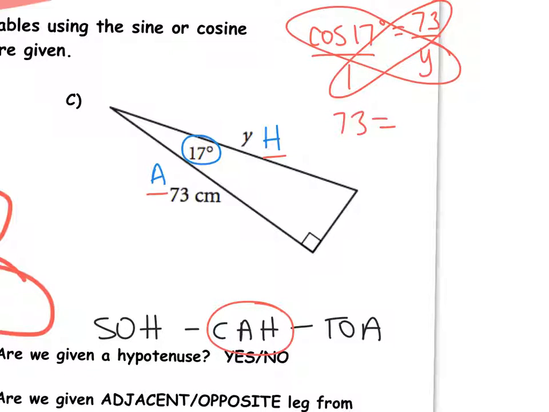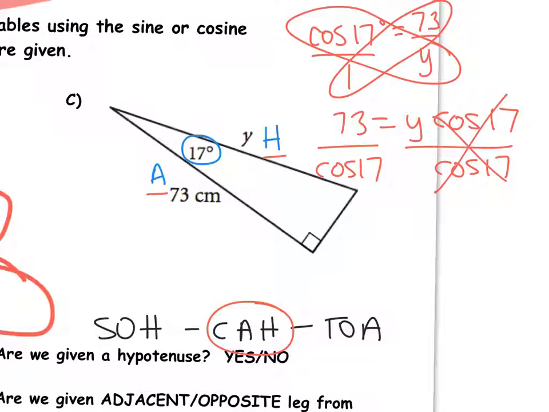Y cosine 17. How do I get the Y by itself? Divide by cos 17. That cancels the cos, leaving the Y all by itself. So you're going to type in 73 divided by cos 17.